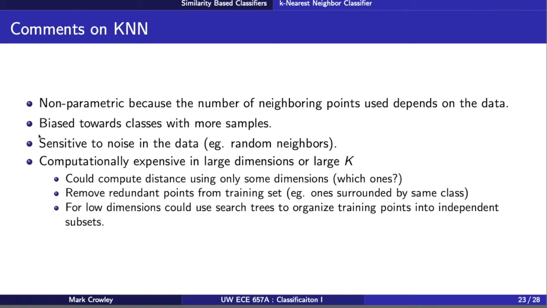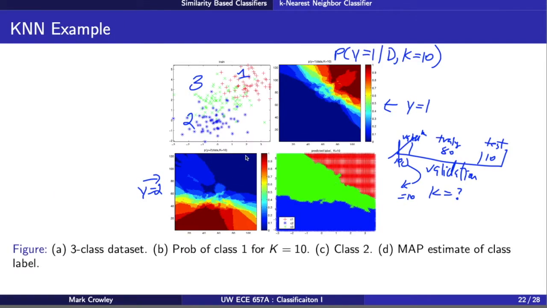It has bias toward classes that have more samples. So if some class is really good and spread out all over the place, you're often going to think it's the one. And you could think about how sensitive it is to noise, right? If I add a blue class 2 point over here, all of a sudden the whole model would change, right?